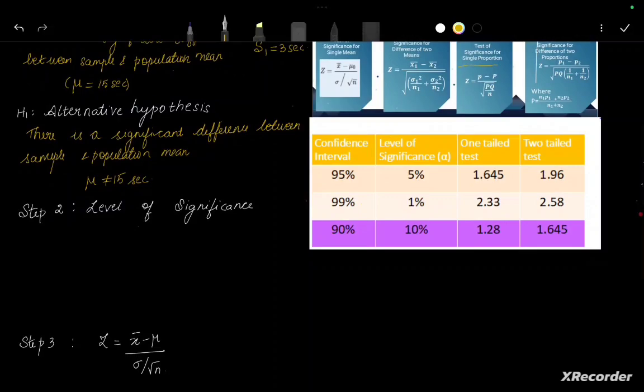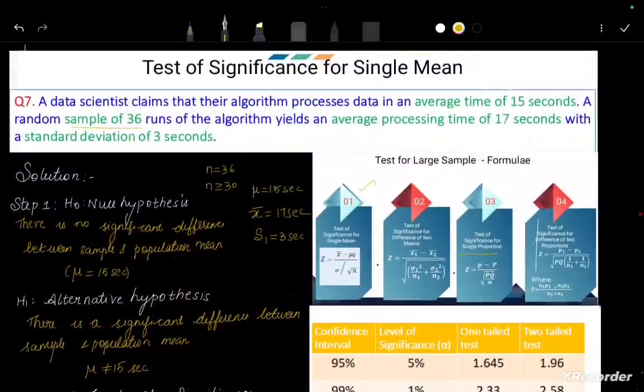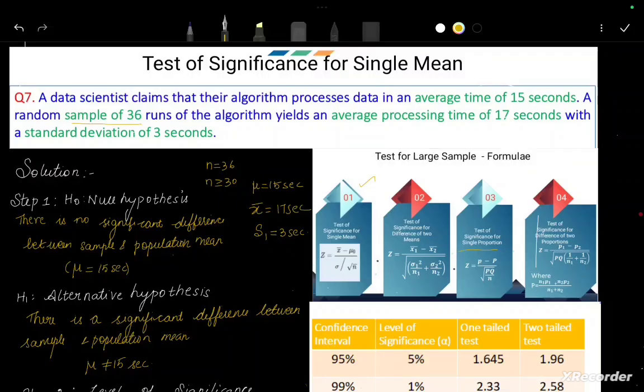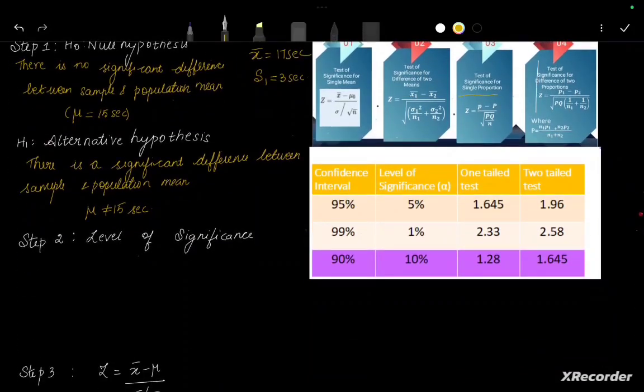Next is writing your step 2, the level of significance. If you read the question, nothing related to the level of significance is given. If nothing is given, you will by default consider the level of significance alpha equal to 5%. Coming to your alternative hypothesis again, if you write mu is not equal to 15 seconds, you know that it is a two-tailed test.